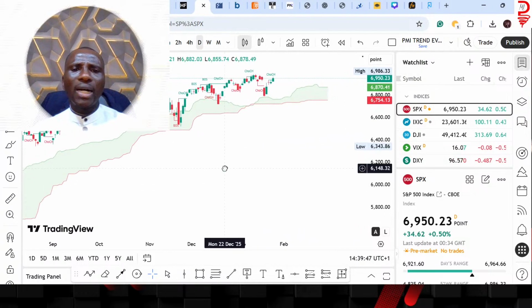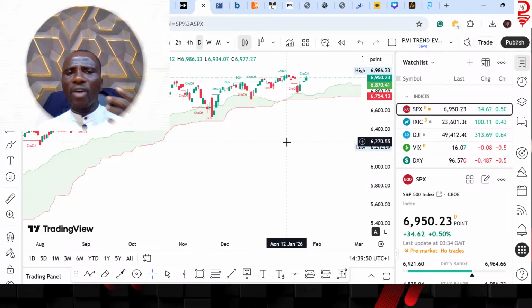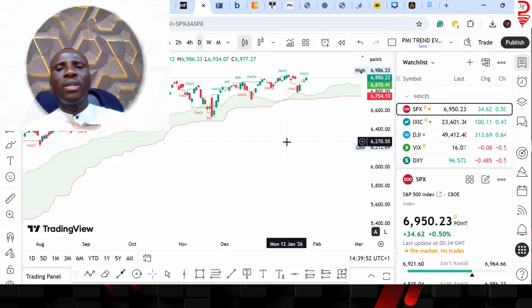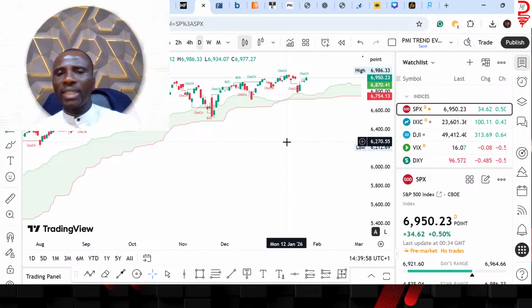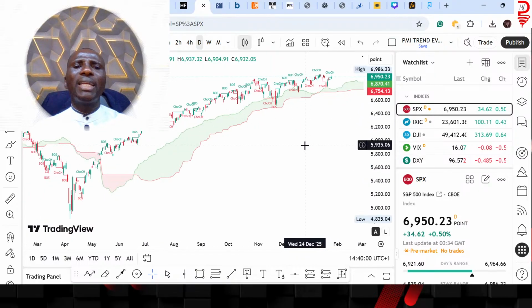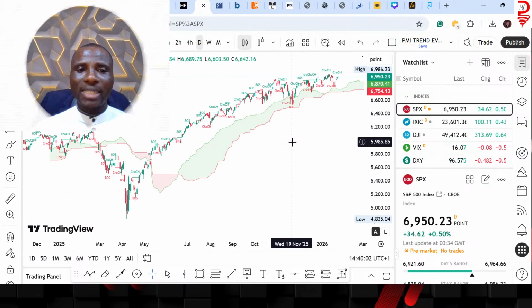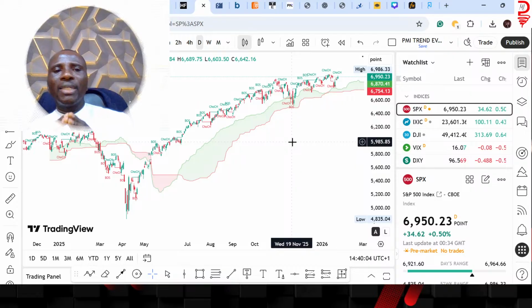That's what S&P 500 overview is showing us. And of course, we want to look at the overview on the daily. What is the structure of S&P 500? If we have a predominantly upward trend, it means that investors are really ready to put their money on the line, which means there is a risk on tone in the market.